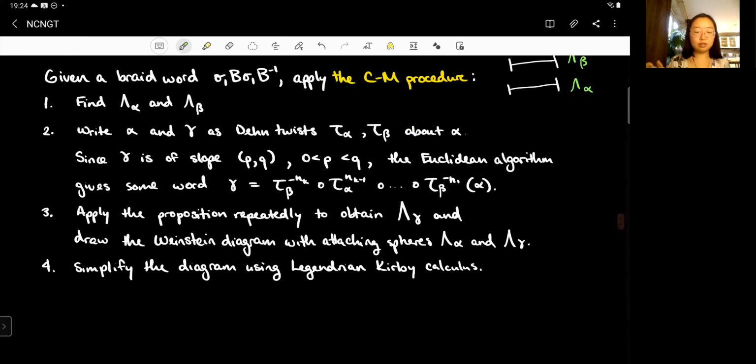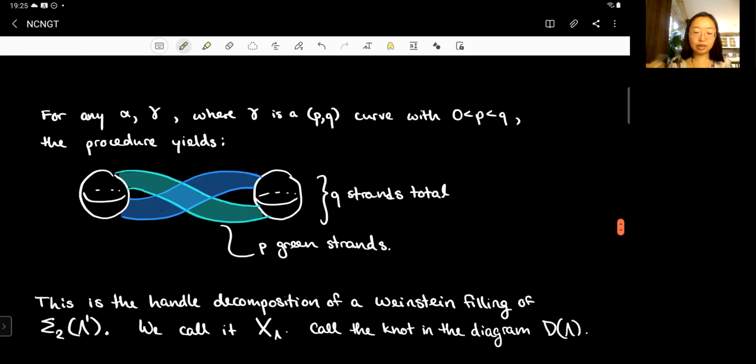The result is that for any alpha and gamma, where gamma is a PQ curve with 0 less than P less than Q, the procedure is going to yield the Weinstein diagram depicted here. So it has one 1-handle and one 2-handle. The 2-handle enters the 1-handle with Q strands, and there are P overcrossing strands.